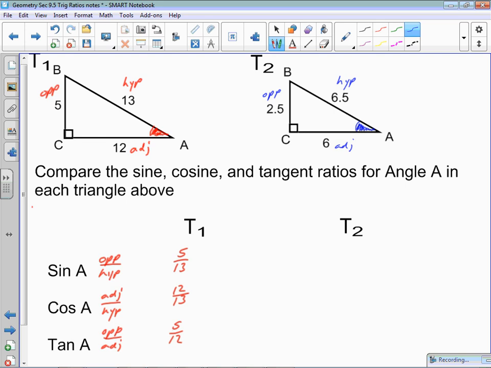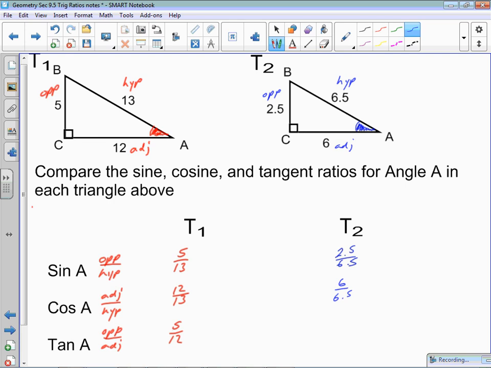So for the sine of angle A, opposite over the hypotenuse, it's going to be what? 2.5 over 6.5. How about the cosine of A, which would be the adjacent over the hypotenuse? 6 over 6.5.